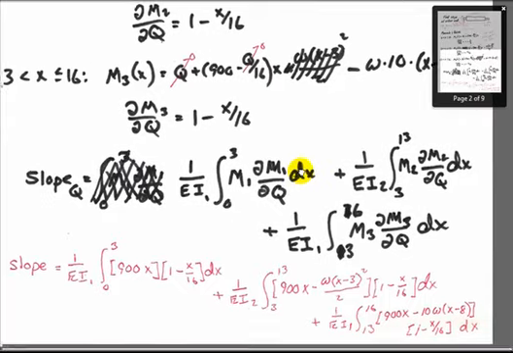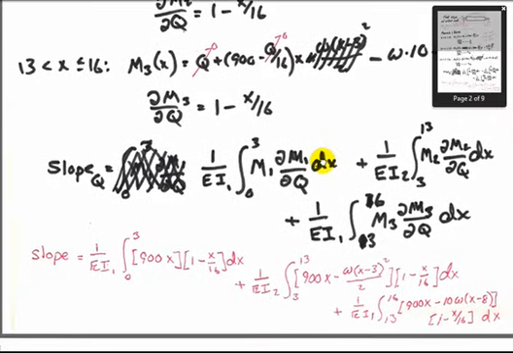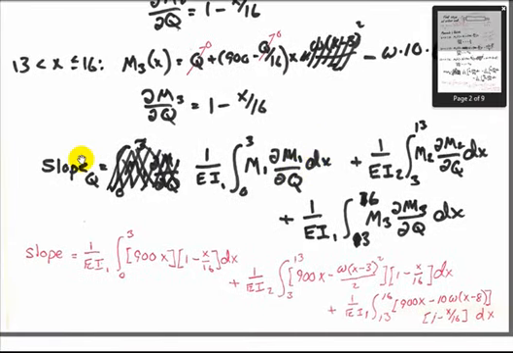Now finally I get to the Castigliano piece, and that says that if I want to find a slope, I'll be taking a partial with respect to a moment. So I have a moment Q. I've taken my partials with respect to the moment. So the slope at the location of my moment Q is 1 over EI, M1 times the partial of M1 with respect to Q, M2 then the partial, M3 and the partial.